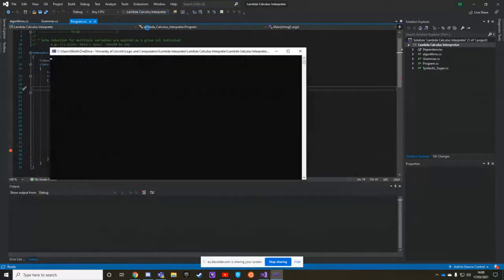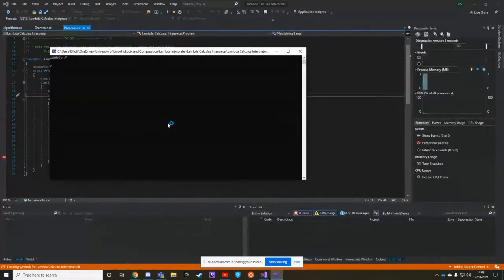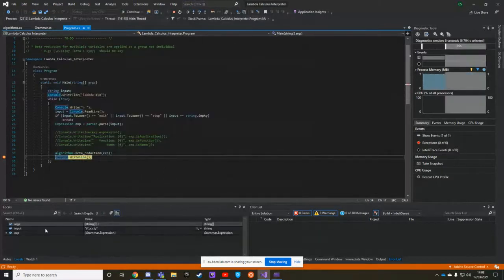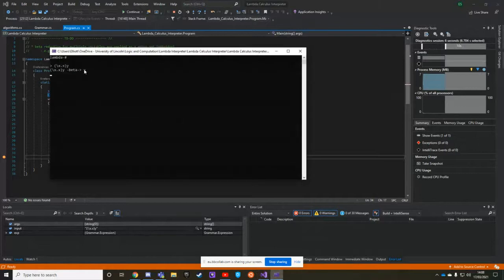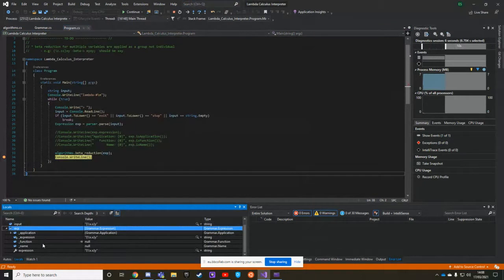Before I do that, I'll pause it here, so we can see how the structure of it works, because that's how I got my head around it. If I just do the basic one of X, Y, on the actual screen here, it does the beta reduction to get you just Y. But in the actual variable, you can see it has this expression.